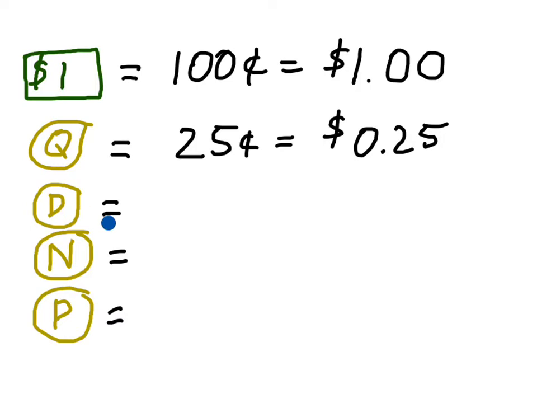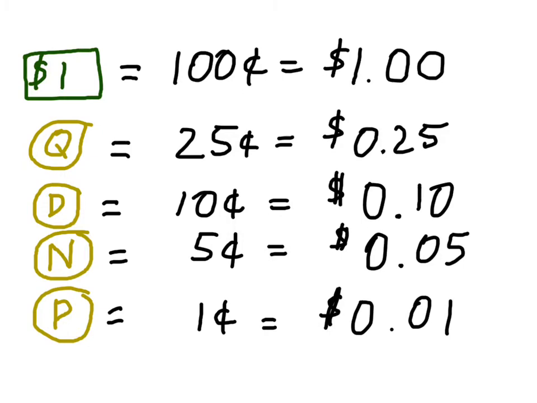And the dime is 10, a nickel is 5, and a penny is 1. And based on what we just learned, try to imagine how you'd write those in dollars and cents notation. Just like this. So quarter, 25, dime, 10, nickel, 5, penny, 1.